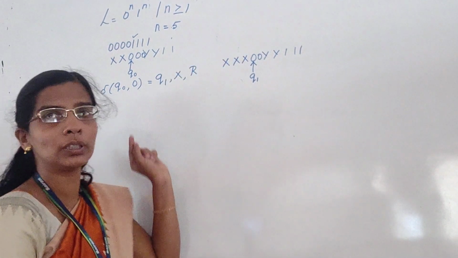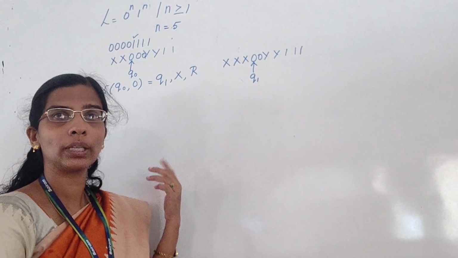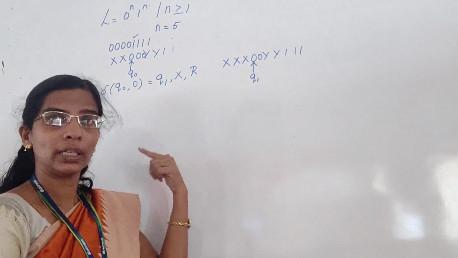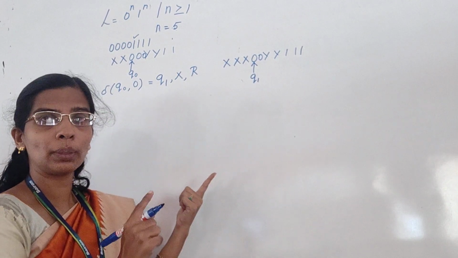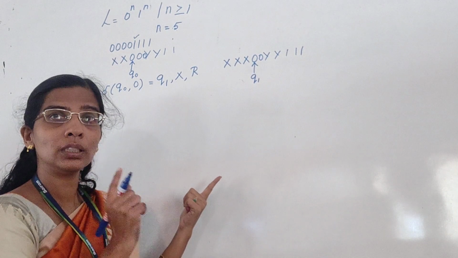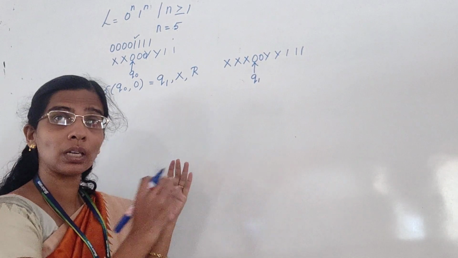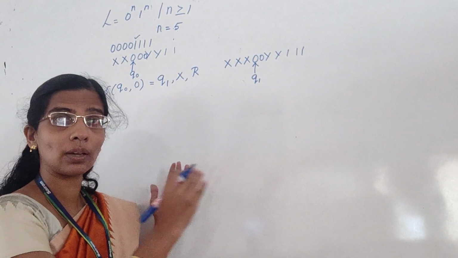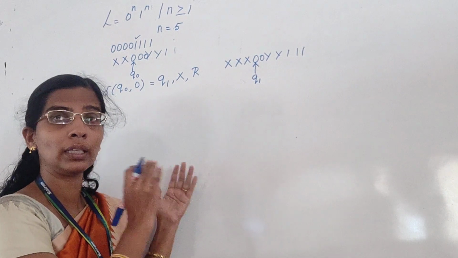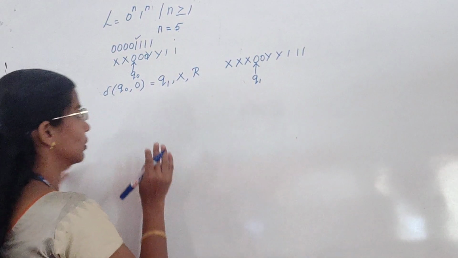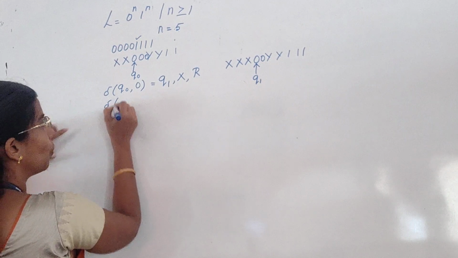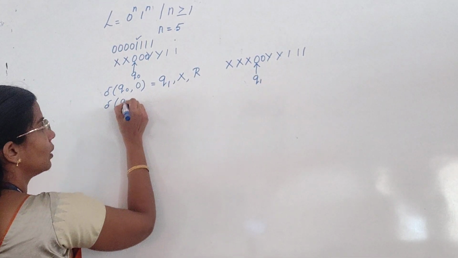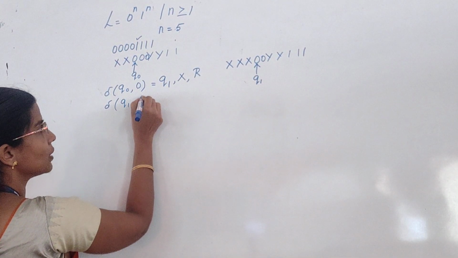Once the replacement is over, you have to get the next one. That is first 1, and you have to replace with y. Until you get your first 1, just travel towards right. Don't make any changes to your Turing machine. Now, what is the state? Q1, it is reading 0.